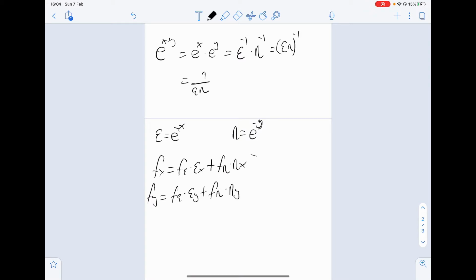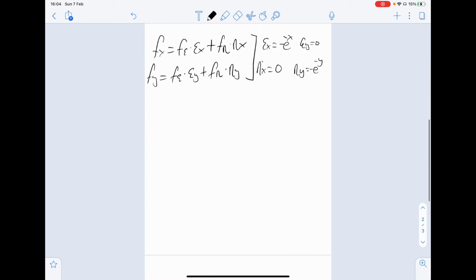In this case we have epsilon sub x is equal to minus e to the minus x, and we can also similarly say that epsilon sub y is equal to 0, and then eta sub x is equal to 0. Well, eta sub y is equal to minus e to the minus y.